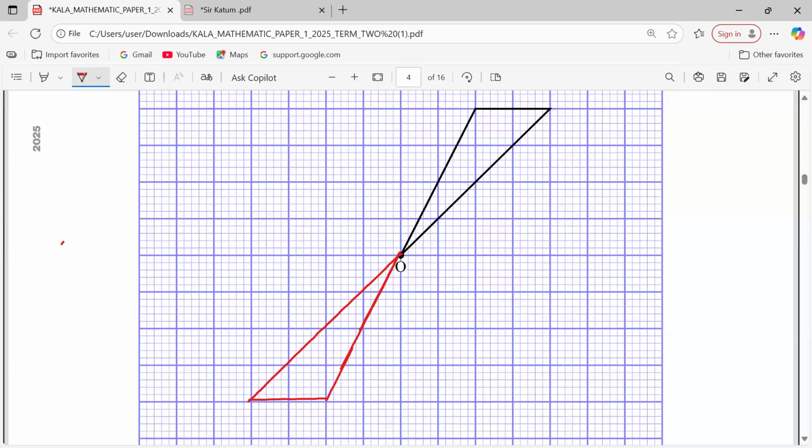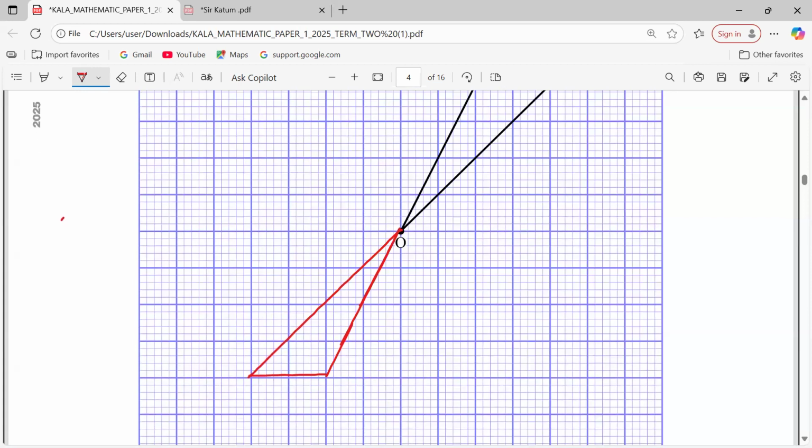According to the center here, we need to have it like here. Then another one.